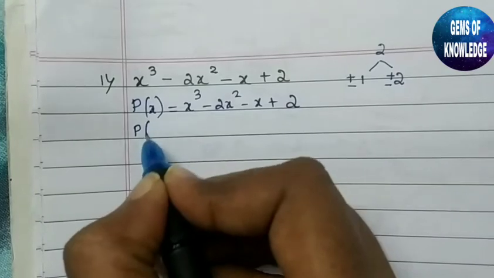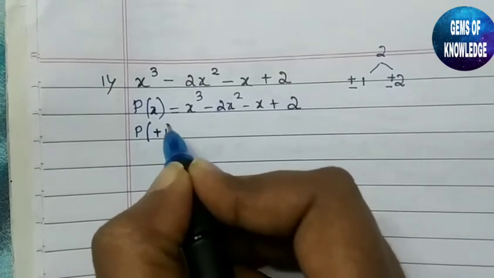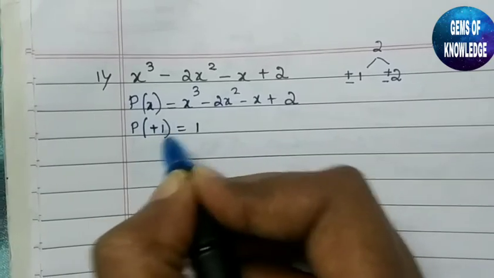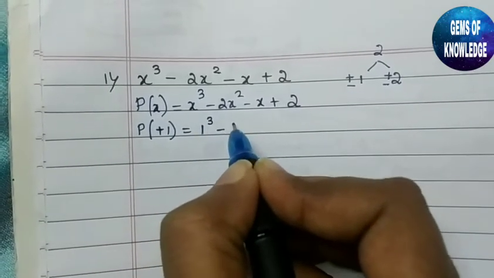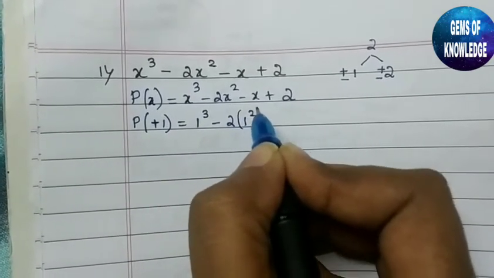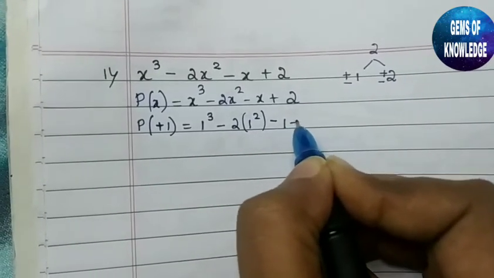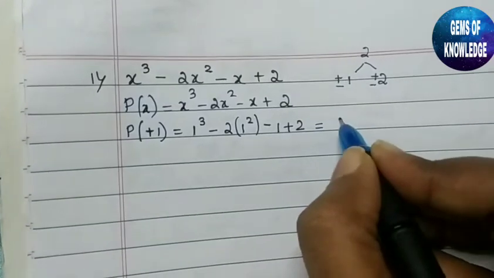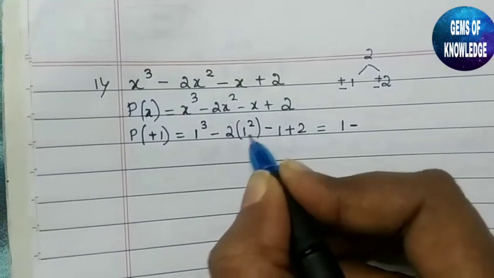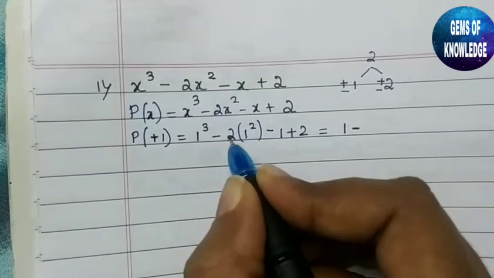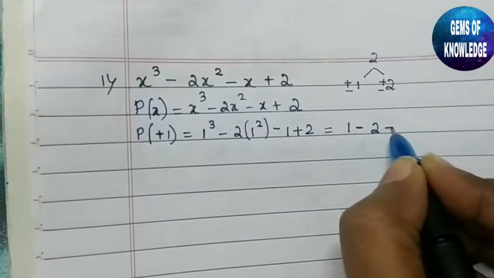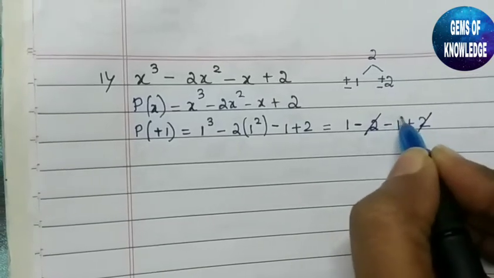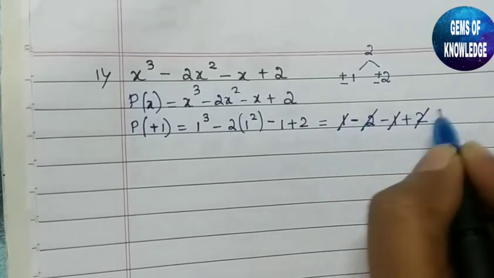So I'm taking x value to be plus 1. What will I be getting here? Instead of x I need to substitute plus 1: 1 cube minus 2 into 1 square minus 1 plus 2. So 1 cube will be 1, minus 1 square will be 1, so 1 into 2 will be 2, minus 1 plus 2. So you can see minus 2 and plus 2 cancelled, minus 1 and plus 1 cancelled.